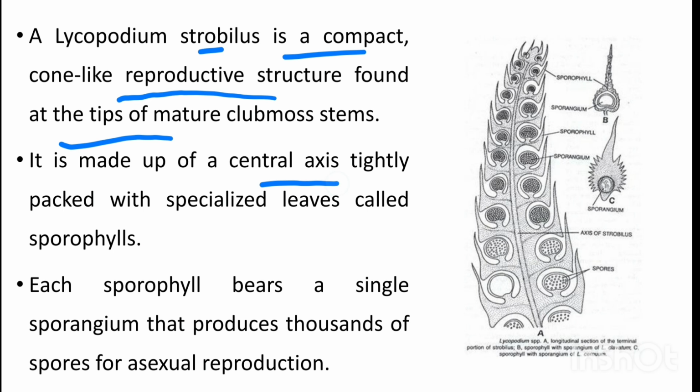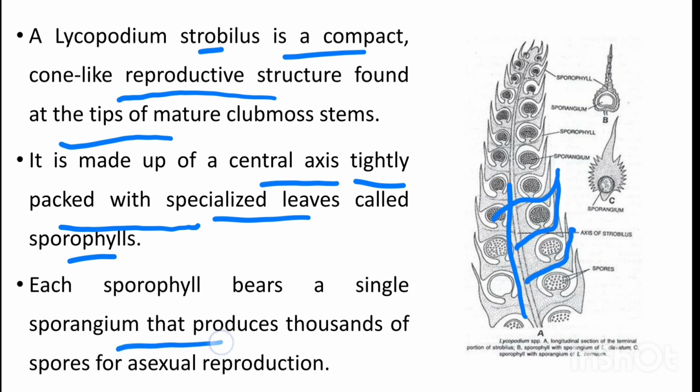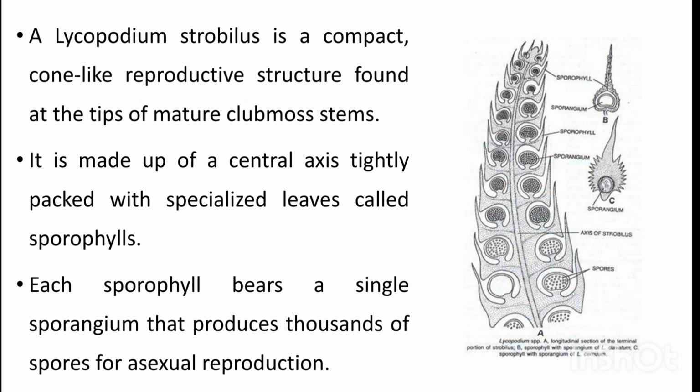It is made up of a central axis tightly packed with specialized leaves called sporophylls, and each sporophyll bears a single sporangium that produces thousands of spores for asexual reproduction. So here it is, the sporophyll containing one sporangium, and that sporangium bears thousands of spores.